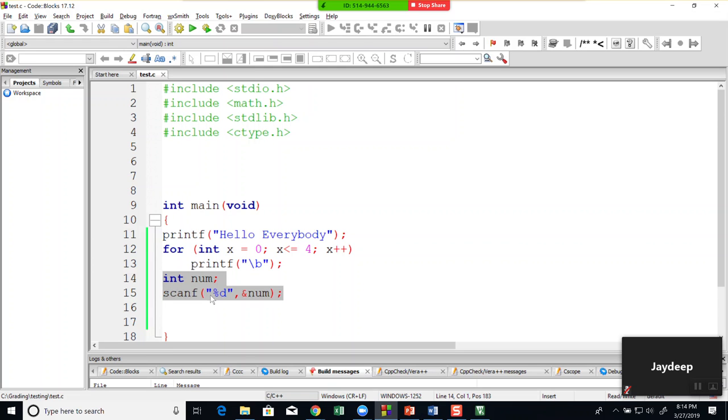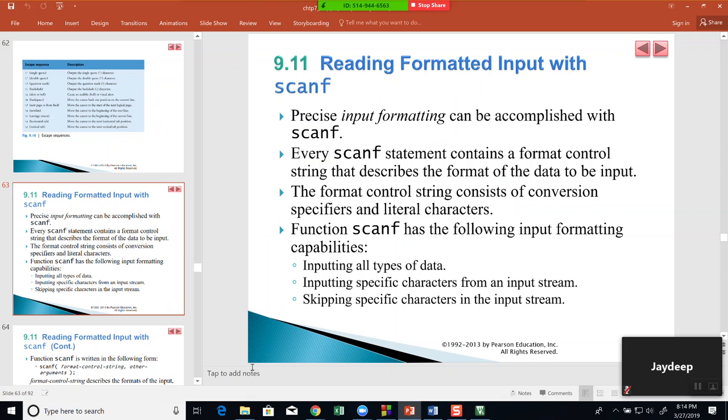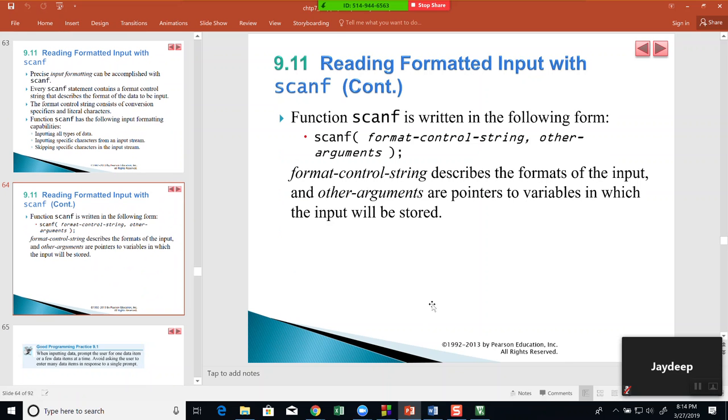That's so the program won't terminate. So it's sitting there waiting for something, a dummy value basically. But this is what it's talking about. You have to have your specifier here, %d, for example. Inputting all types of data, inputting specific characters from input stream, and so forth.